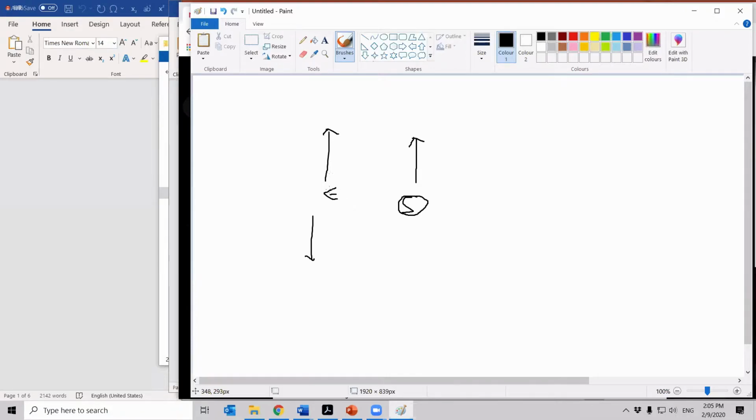Covariation means when the independent variable moves, the dependent variable also moves. They can move in the same direction. That is positive covariation. The negative one is when the independent variable moves upward, the dependent variable moves downward. Then that is negative. When educational level increases or decreases, if the dependent variable doesn't move at all, this is no covariation.